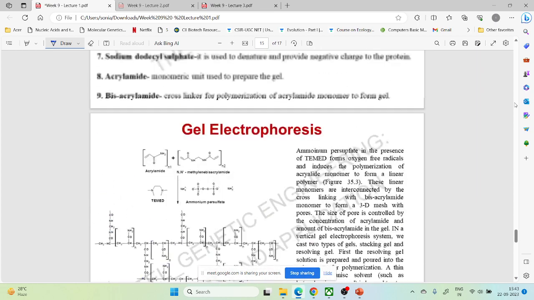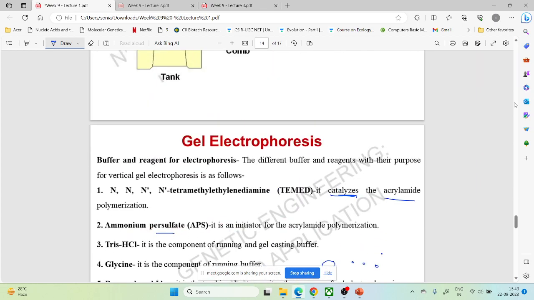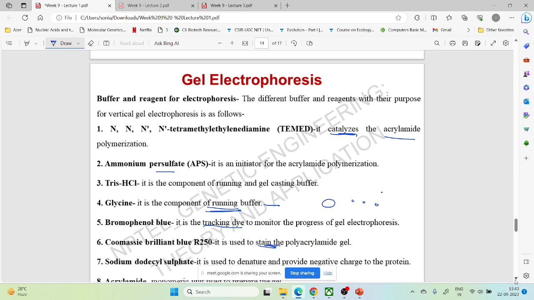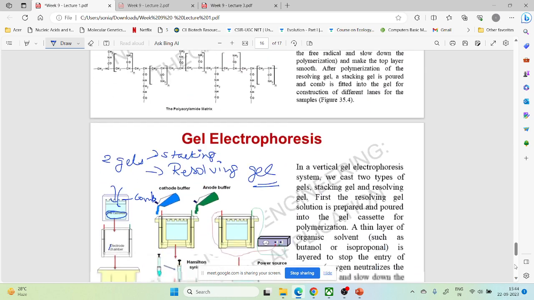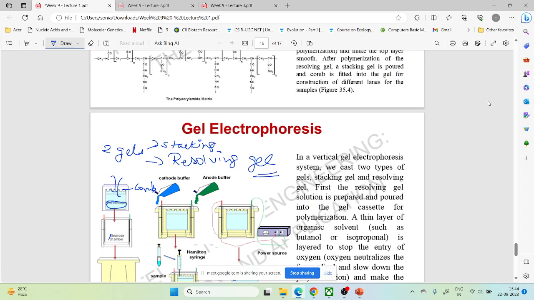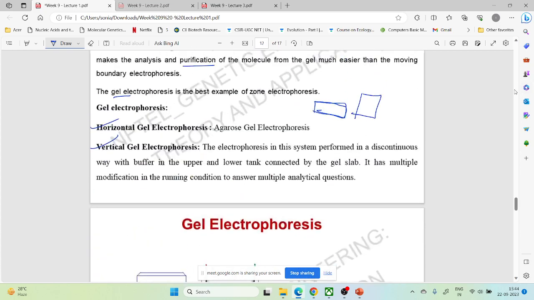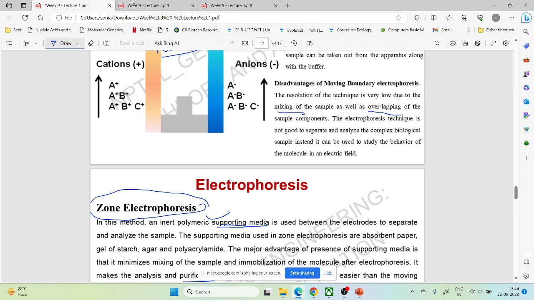Even if it is in your coursework or anywhere in your exams, you really have to learn and understand, or just mug up, the function of all the buffers and reagents which are used, especially TEMED and APS. And then you should know the basics of how the running of SDS electrophoresis happens. So these are two important things.